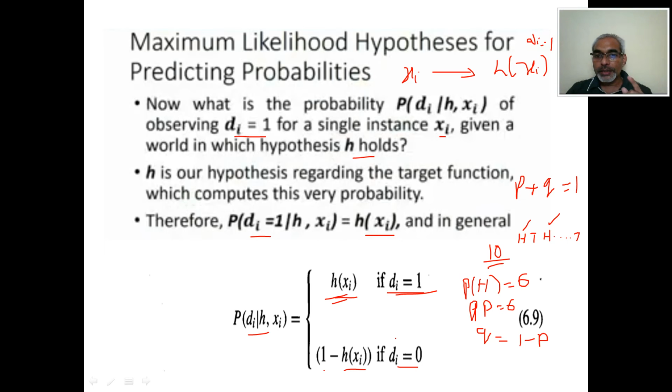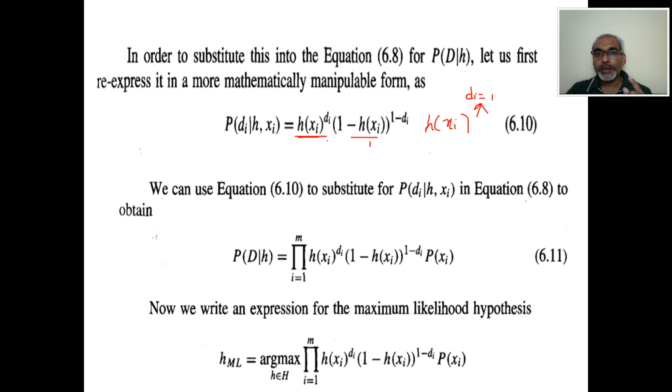Now in this equation, if you put di equal to 0, what will happen to the first term and second term? Let us take the first term, h of xi to the power of di. What is di? 0. Anything to the power of 0 is 1, so the first term becomes 1, multiplied with the second term.